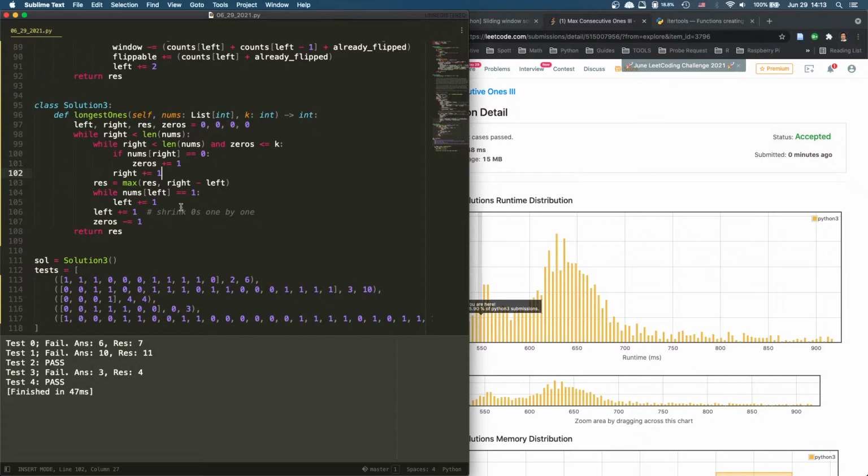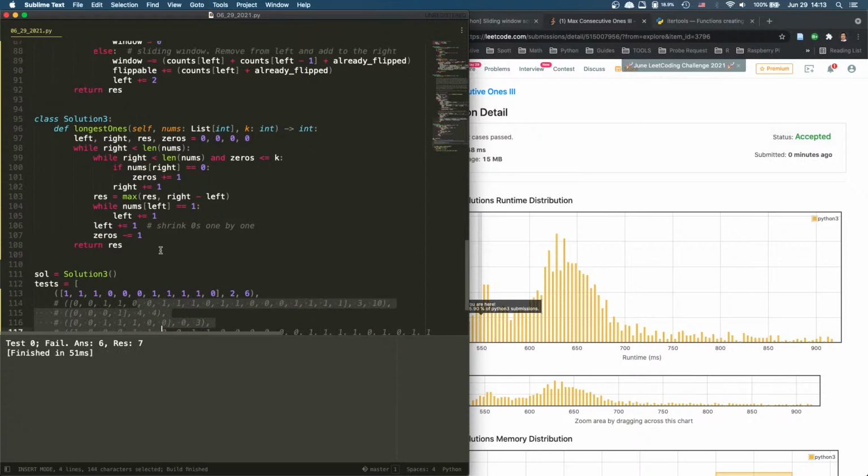And zeros smaller or equal to k, so case 2. Right will be here, then 0, 1, 2, 3, 4, 5. 5 minus left is 5, and 5 of this.